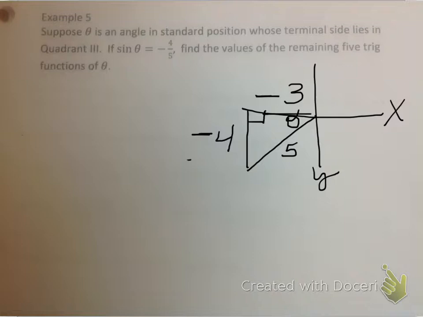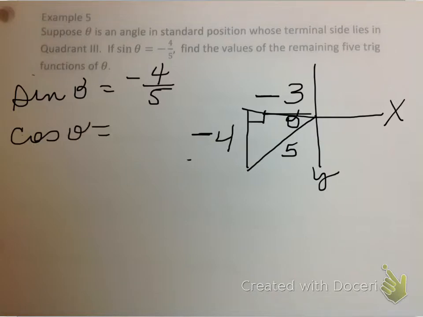I'm going to go ahead and write it down, but it's really not part of our answer. Sine is equal to negative 4/5. It was given. So cosine of theta is equal to adjacent over hypotenuse. Adjacent means next to, so adjacent is negative 3 over 5.